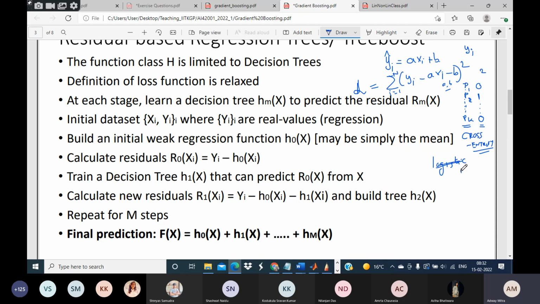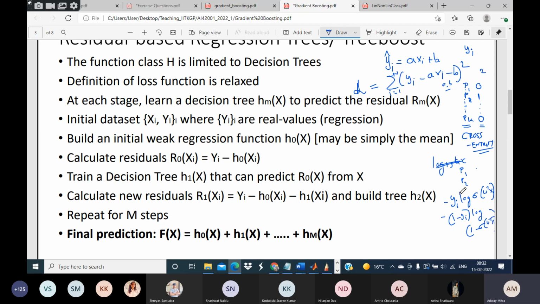There are two probabilities only, P1 and P2, and the true labels are either 0, 1 or 1, 0. So the logistic loss function is this kind of expression: yi log sigma of w transpose xi, minus (1 minus yi) log (1 minus sigma of w transpose xi).